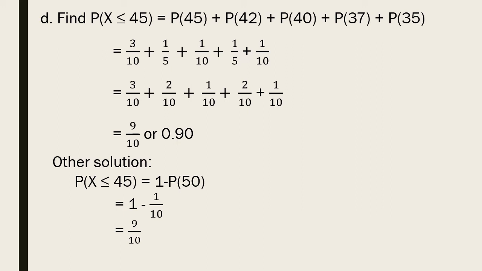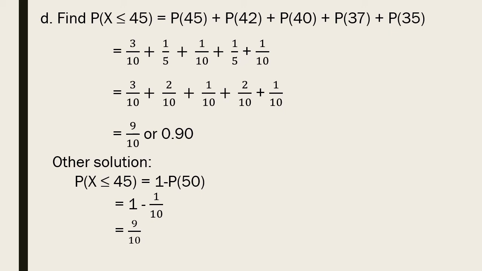So, pwede nating i-minus yung 1 doon sa wala ditong hinahanap na probability. So, ang wala lang dito ay ang probability of 50. So, pwede nating i-minus yung 1 minus yung probability ng 50 which is 1 over 10. So, we are going to arrive on the same answer, 9 over 10.